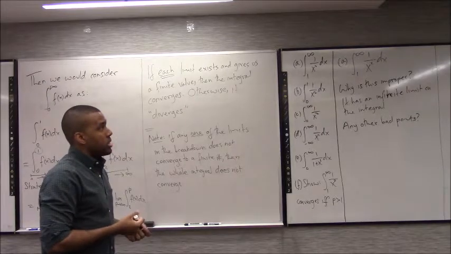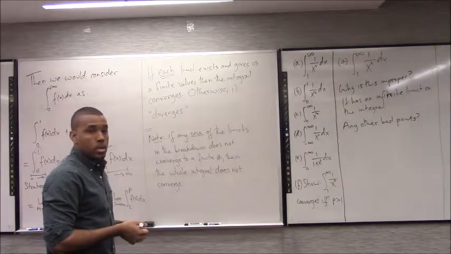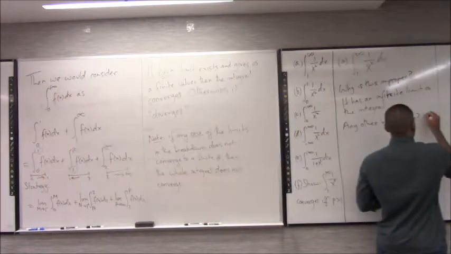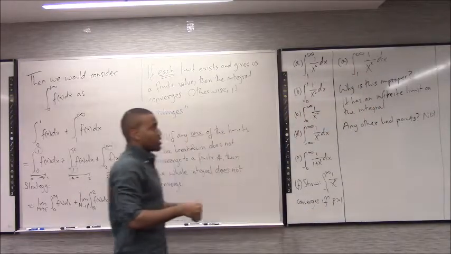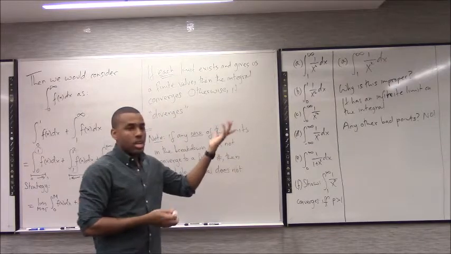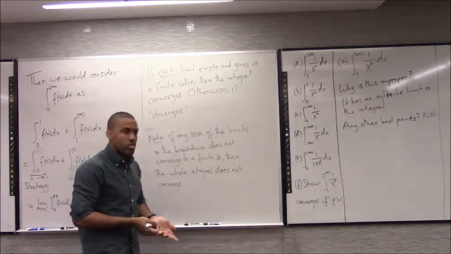Other than that infinity, does 1 over x squared behave on that interval? Right, no. That's the only problem, the infinite limit, right? 1 over x squared is defined for all x except x equals 0, but x equals 0 is not on that interval, so I don't have to worry about it. The infinity is the only problem here.